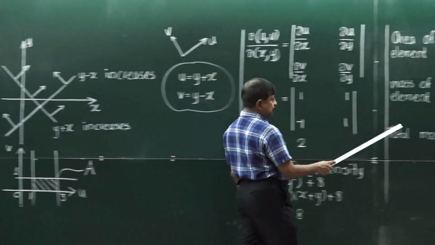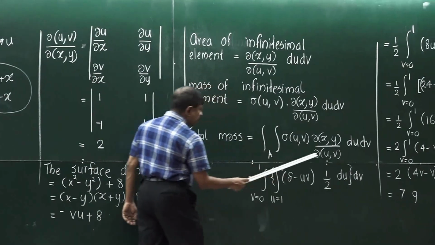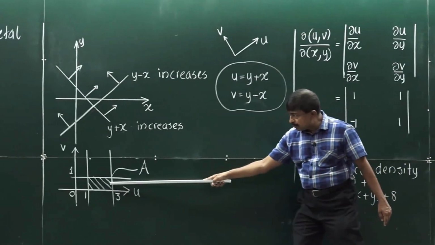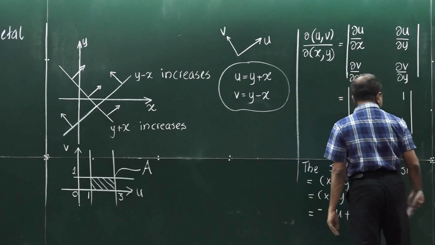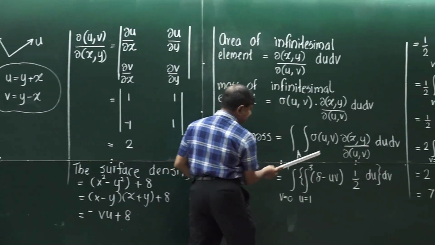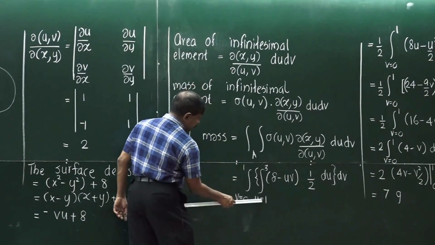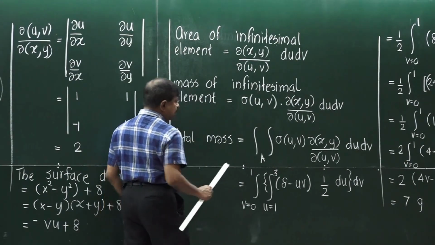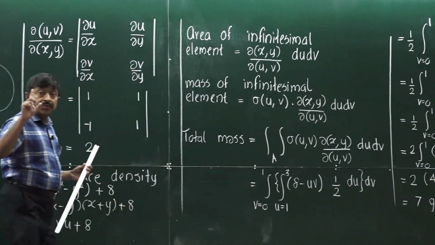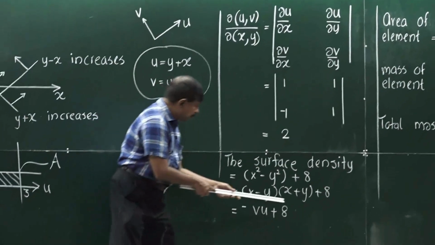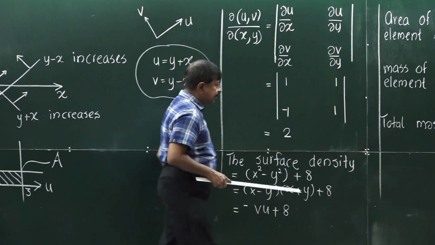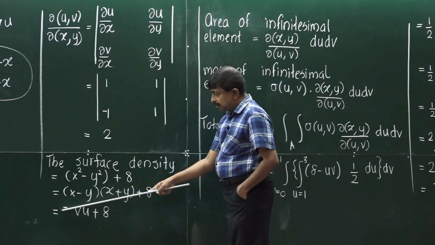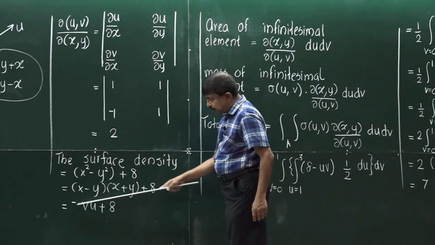So, we have to integrate that over the area A. Now, assign the limits. At the same time, you have to replace the surface density with 8 minus uv.